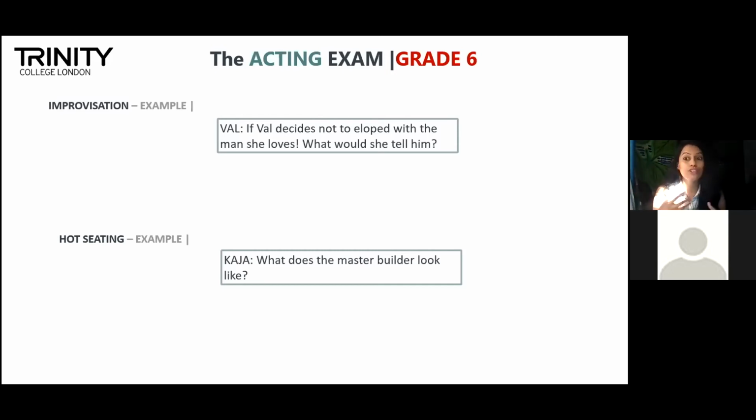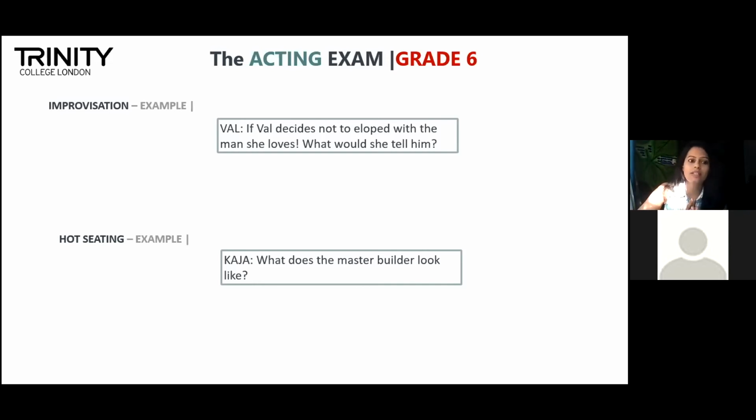But how did she do it? So in this particular improvisation, it is clear that she's not able to choose love, and she probably uses family or her financial situation, which makes her work in the potato fields. Those are the kind of reflections that one is looking at while coming to improvisation at grade 6 level.